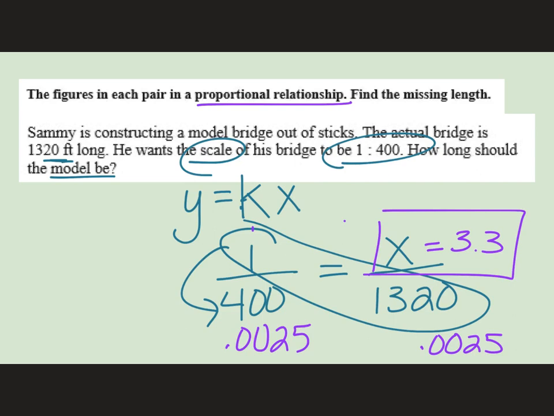So if I were to write an equation using this, I would say y equals 1/400th x, because that is our constant of variation. So let's say this one was about 1300. Well, I'm assuming that I have y equals 1 over 400 times x.